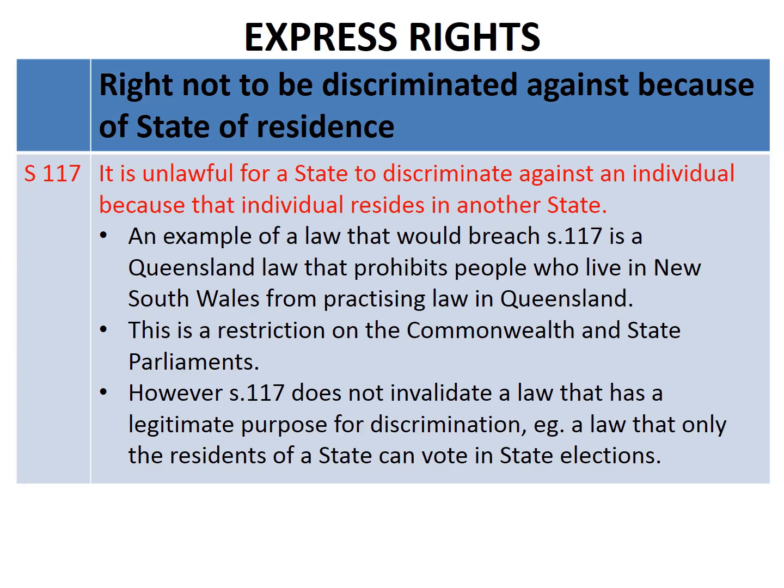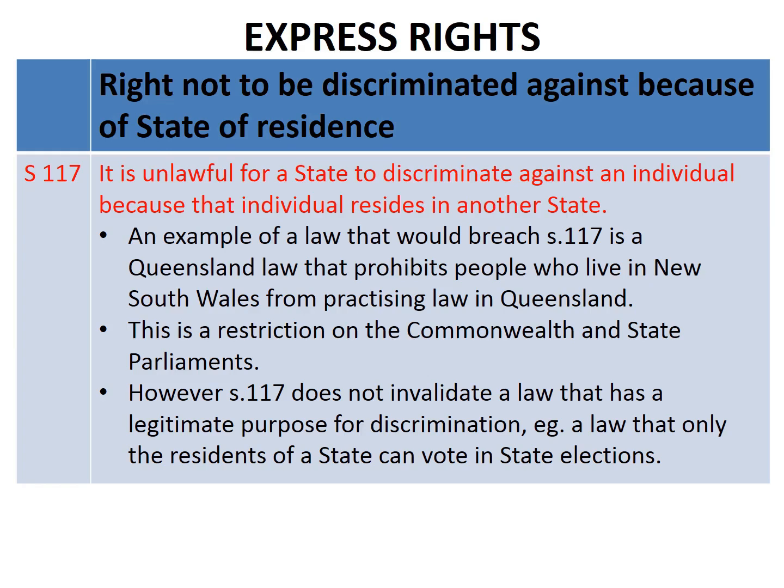Now let me repeat, these last two express rights, that is, the right to freedom of interstate trade in Section 92 and the right not to be discriminated against because of state of residence in Section 117, are quite complicated and you don't have to be able to describe them in any detail. But you do need to know that, unlike the other three express rights, which you do need to be able to describe in detail, these last two express rights limit the power of both the Commonwealth Parliament and the state parliaments to make laws.